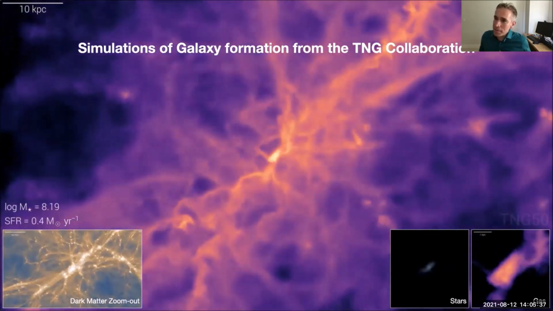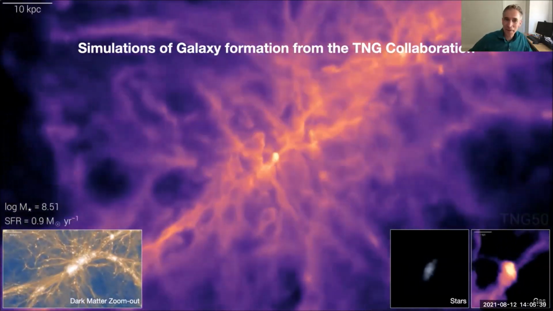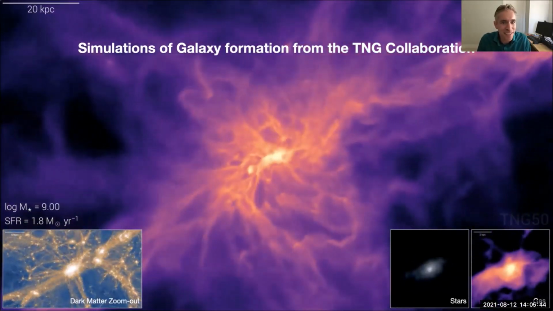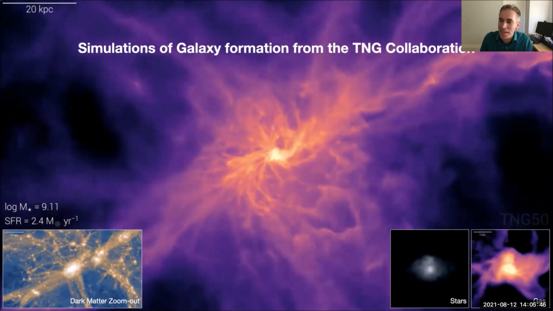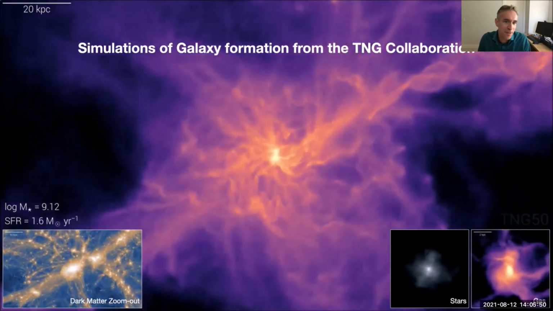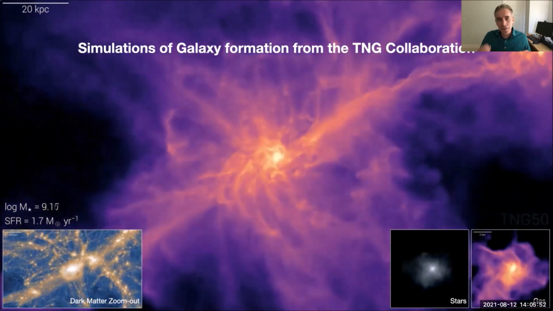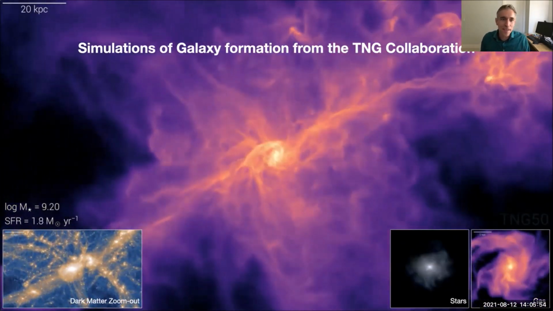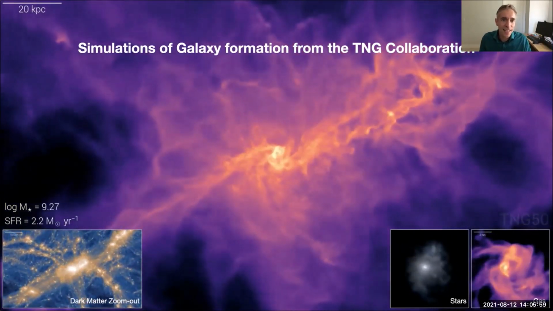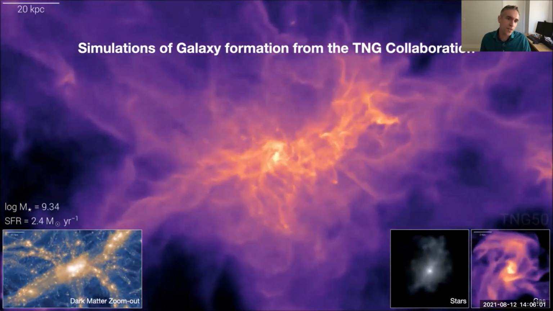With that preamble out of the way, I want to show you how galaxies form and evolve, or at least this is our best guess right now. This is a simulation of galaxy evolution generated by the illustrious TNG collaboration. The central panel is showing you the gas as it's falling into the galaxy under the action of gravity.